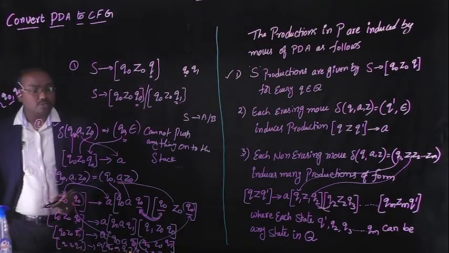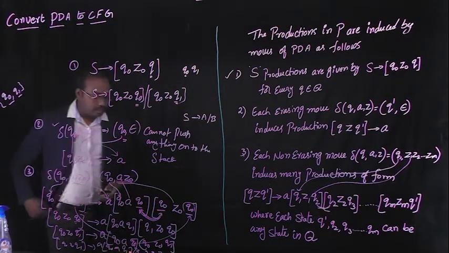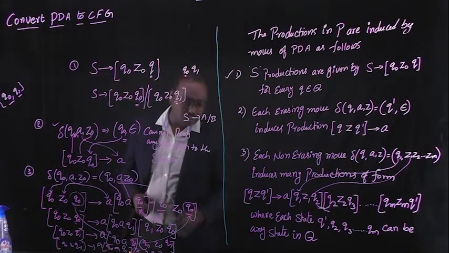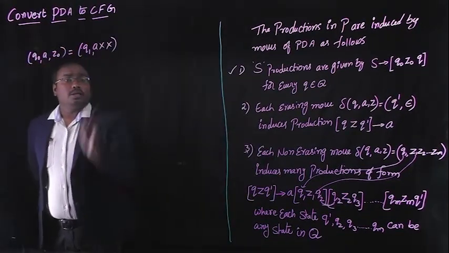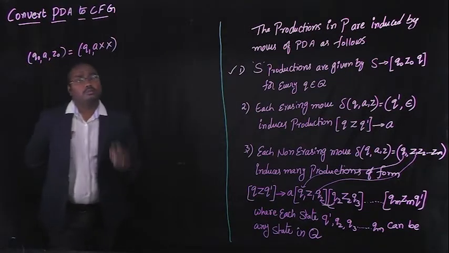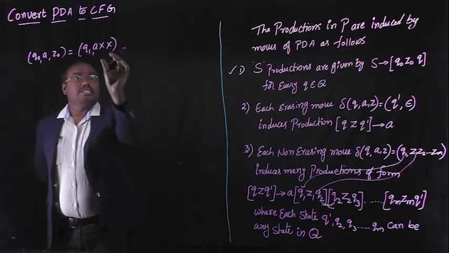So what about more than 2 symbols onto the stack? How to write production rules for more than two stack symbols?